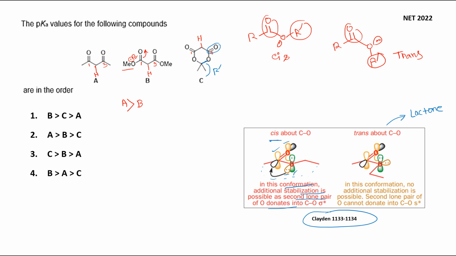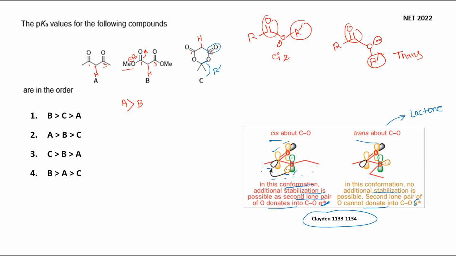But the second lone pair can donate electrons to this black one, which is sigma star. This type of effect is not possible in case of trans. That is, this additional stabilization is not possible, so the second lone pair of oxygen cannot donate into the CO sigma star. That is why in case of trans, the C double bond O can show more electron withdrawing effect.